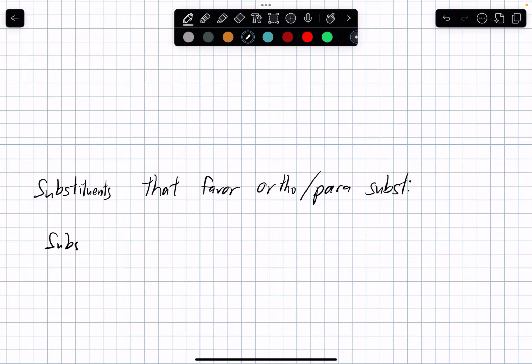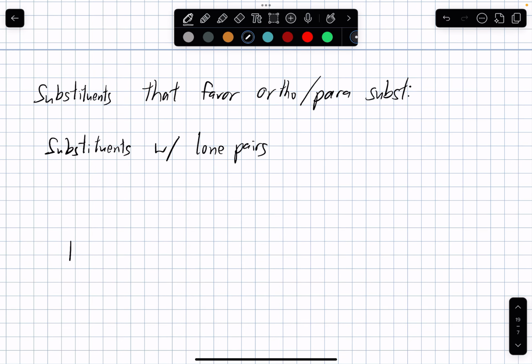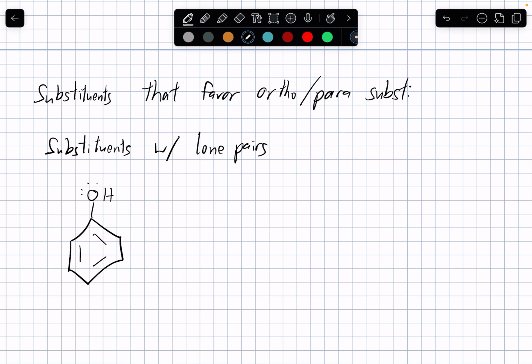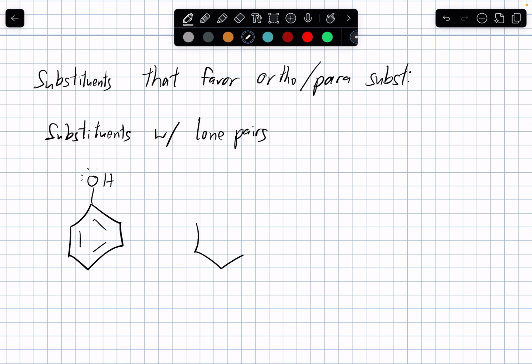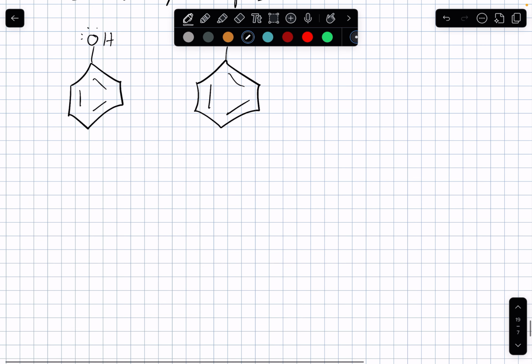So we have substituents with lone pairs. For example, phenol. Oxygen has lone pairs, no? So is chlorobenzene. Okay.